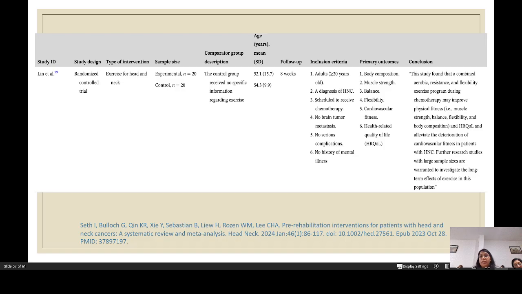Primary outcome was body composition, muscle strength, balance, flexibility, cardiovascular fitness, health-related quality of life. They include the combined aerobic, resistance, and flexibility exercise program during chemotherapy may improve physical fitness, muscle strength, balance, flexibility, body composition, quality of life, and alleviate the deterioration of cardiovascular fitness in the patients.